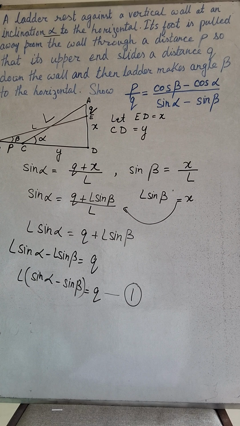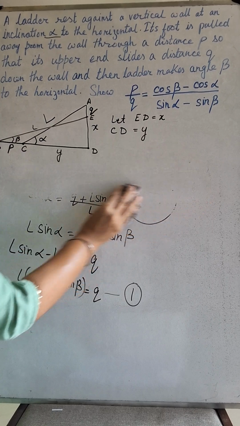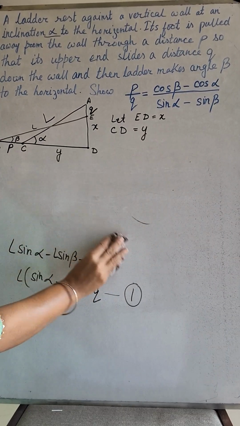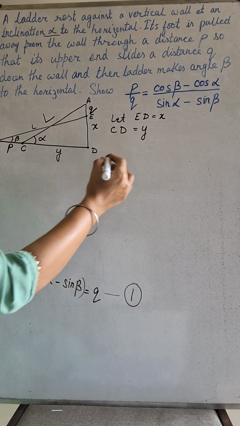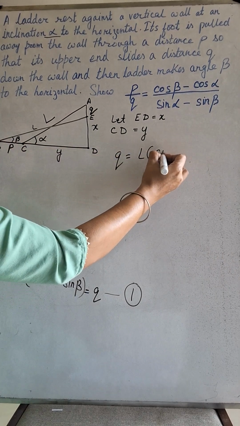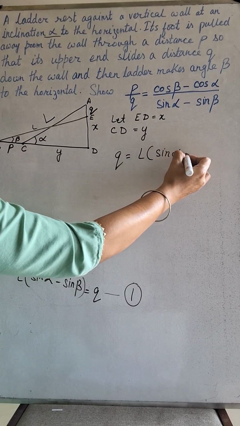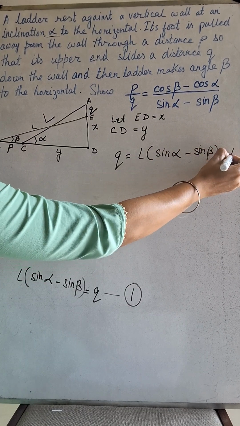So I'll keep this equation 1 with me and erase the working. So what have we got from equation number 1? We are getting q value, which is equal to L times sine alpha minus sine beta. This is our equation number 1.